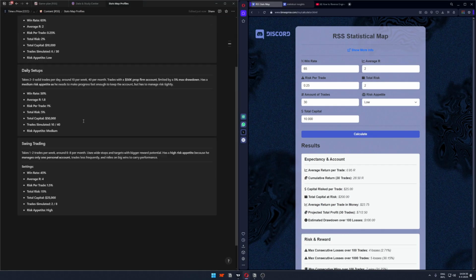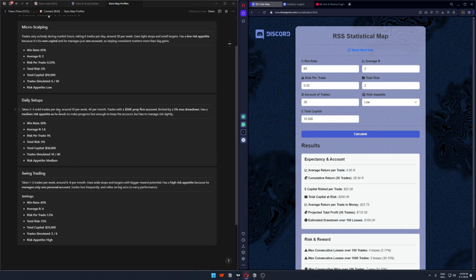So we'll use the other example for this one, the daily setups. This trader takes 2 to 3 solid trades per day, around 10 per week, 40 per month, trades with a 50k prop firm account, limited by a 5% max drawdown, that is almost for every firm, and has a medium risk appetite as he needs to make progression fast enough to keep the account, but has to manage risk tightly.